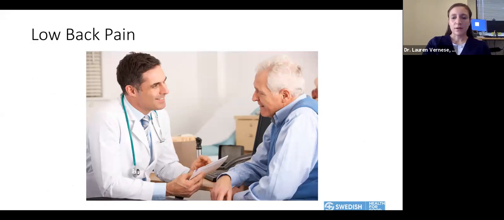I know a lot of you out there are physical therapists or physicians, so I'm probably preaching to the choir when I talk about the prevalence of low back pain, but it is extremely common in my practice, and it's one of my main reasons for referring patients to physical therapy. Although it's more common as we age, it affects people of all ages. I actually have in my practice a lot of teenagers and people in their early 20s already developing chronic low back pain.